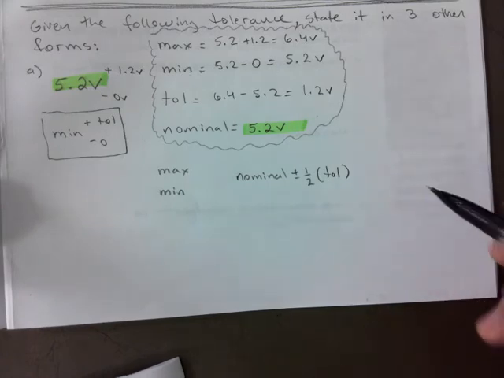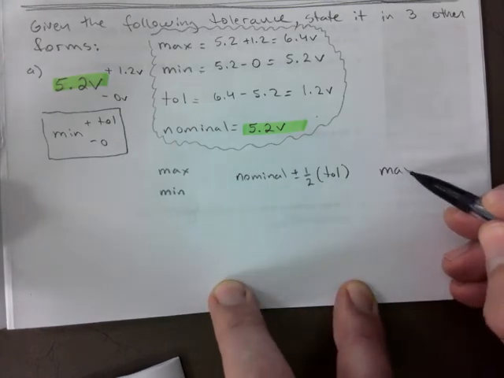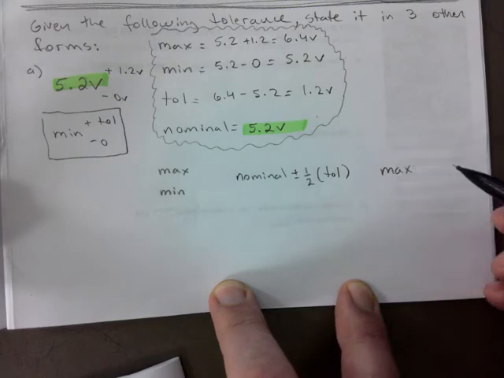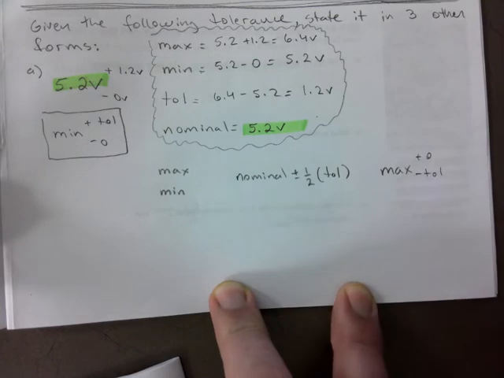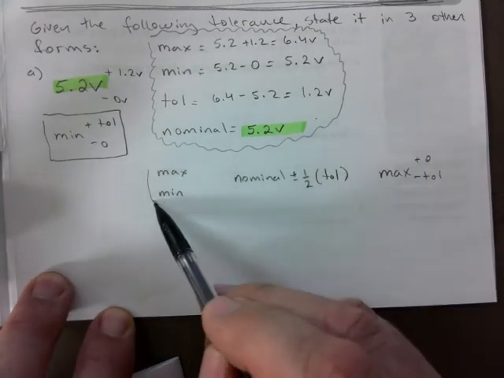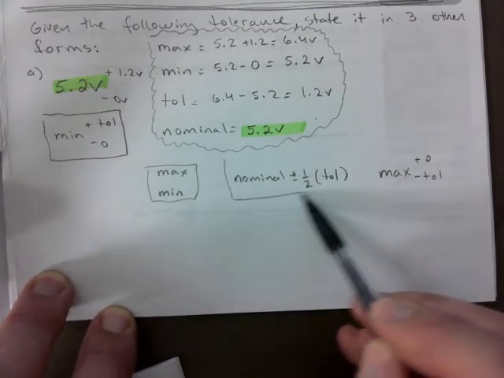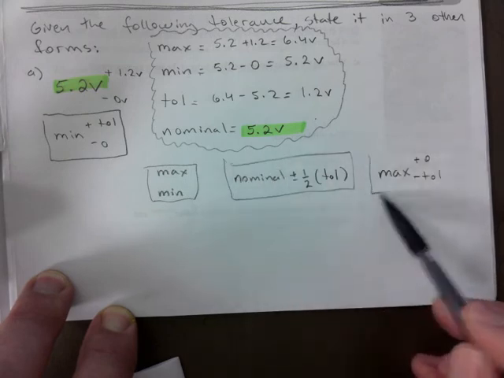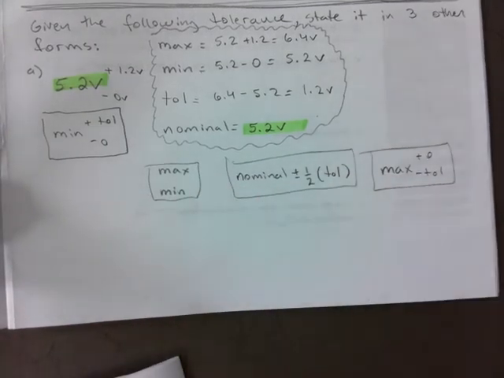And the last one is this one, max minus tolerance plus 0. These are the three other ones that we want. I'm going to box them in because it's nice to see that these are the other three we want. So now it's just a matter of drawing your information, right?